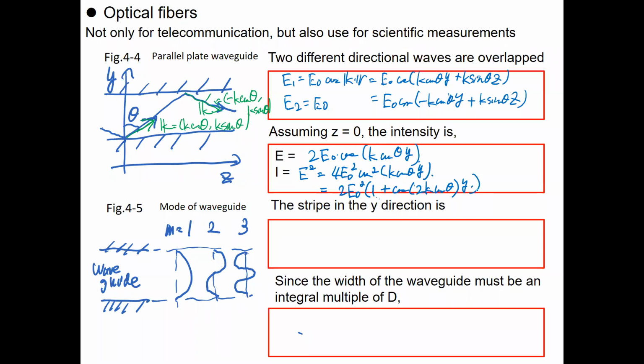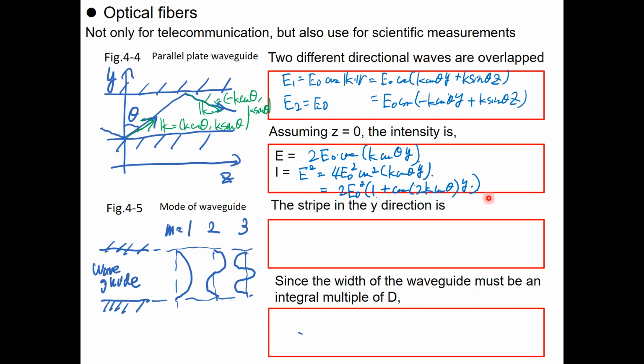So when you think about the electric field and intensity inside this waveguide, thinking about only the y dependence, it's the oscillating field in the y direction.